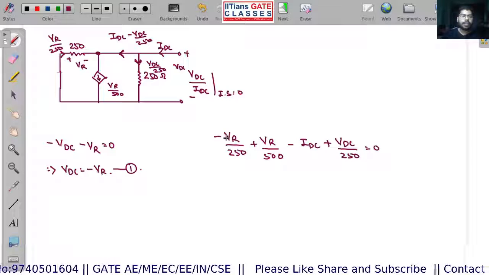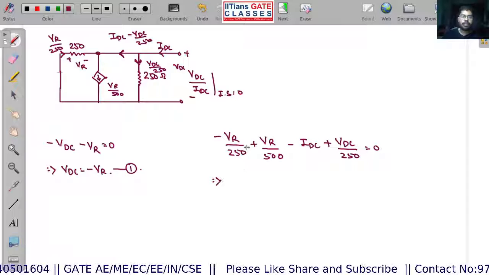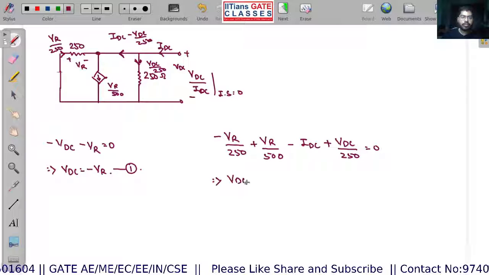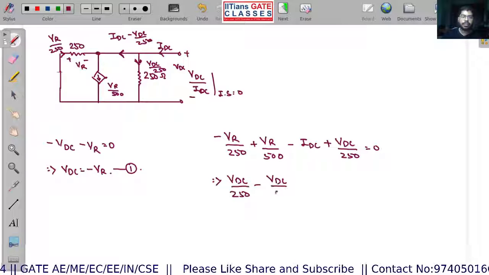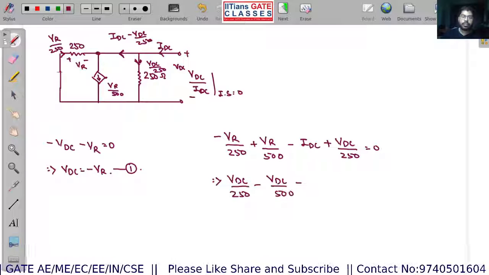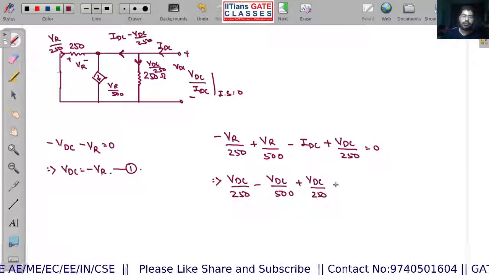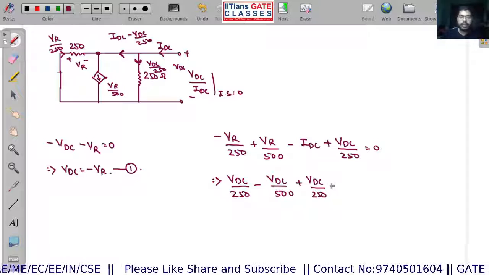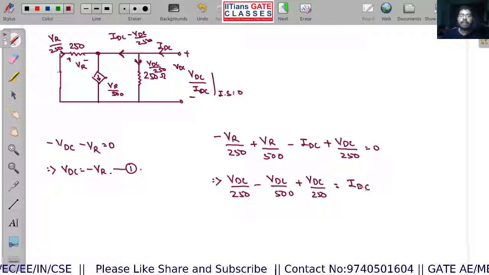So replacing VR by minus VDC, this will be VDC by 250 minus VDC by 500 plus VDC by 250, equal to IDC.